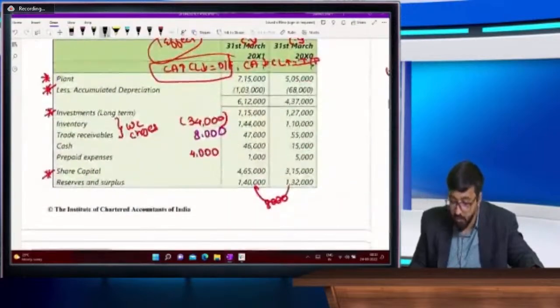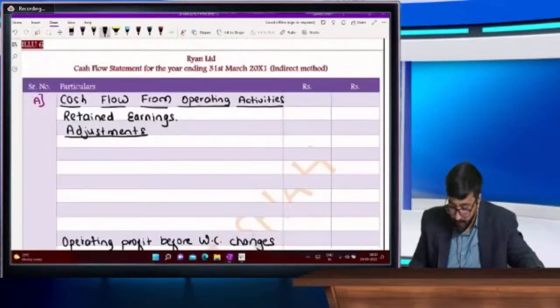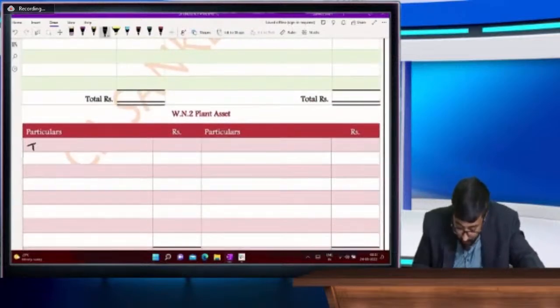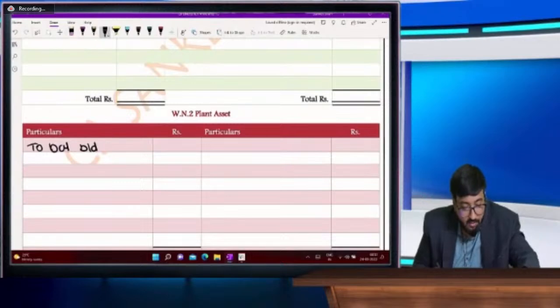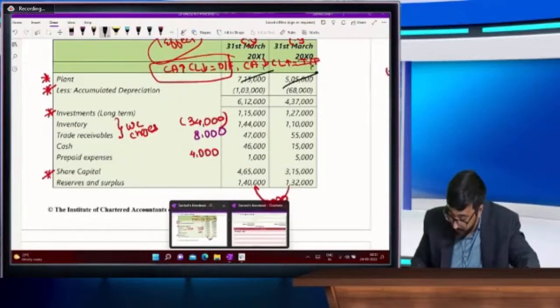So start from first. First, we will focus on balance sheet and then P&L, 2 effects. So focus on balance sheet. Plant account. Chalo. Plant account we open. To balance brought down 5,05,000 and 7,15,000.